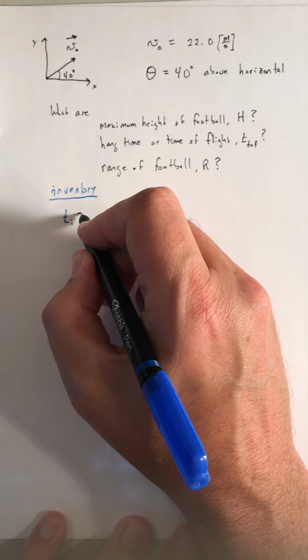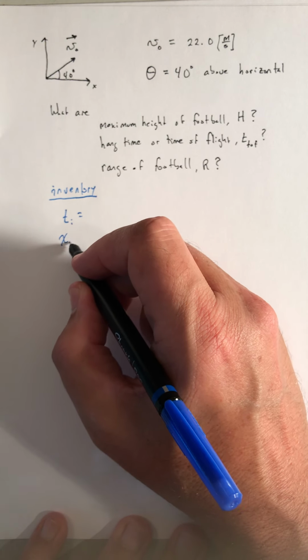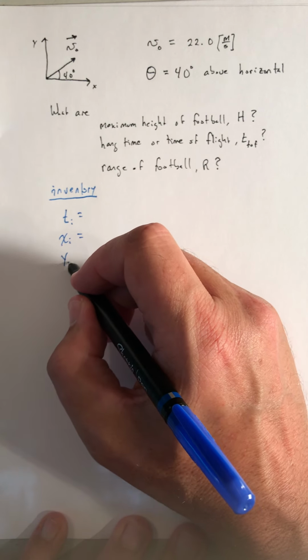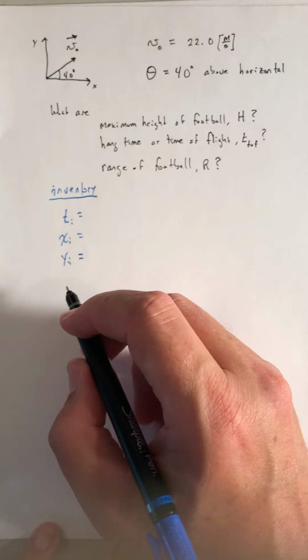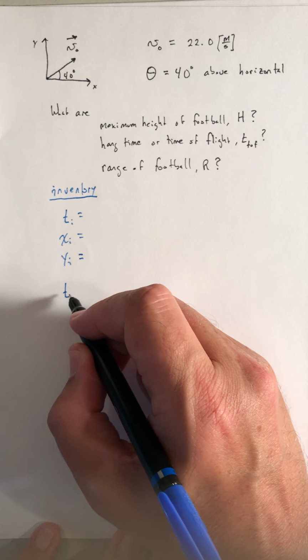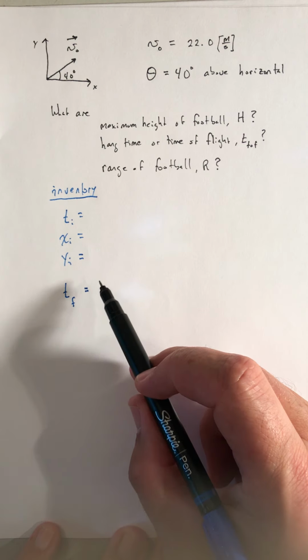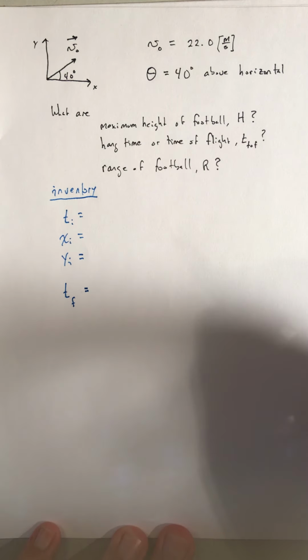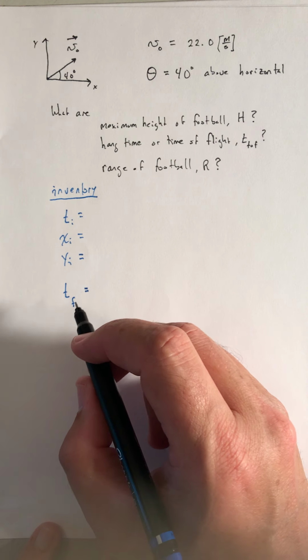So we have an initial time, initial x coordinate, initial y coordinate. There is a final time, and this is going to be a little more complicated because I'm going to use two different possible final times depending upon which of these questions we're going to address.